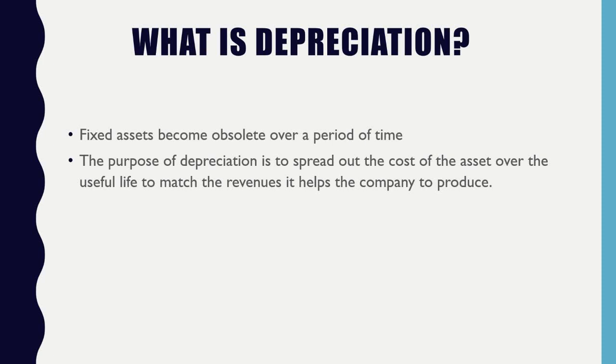It's no longer in service anymore, or they no longer have the parts to be able to keep maintaining it. So what is depreciation? Depreciation is a way to represent the usage of a fixed asset, the wear and tear. It's our way to measure how much we used a fixed asset.